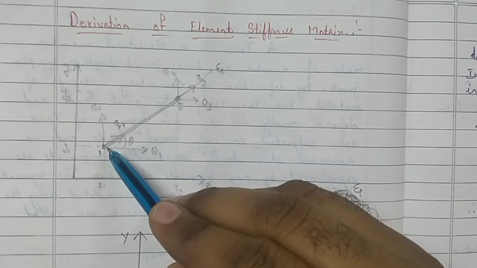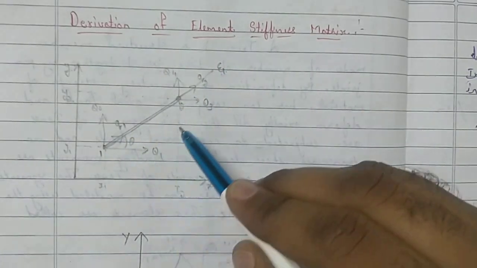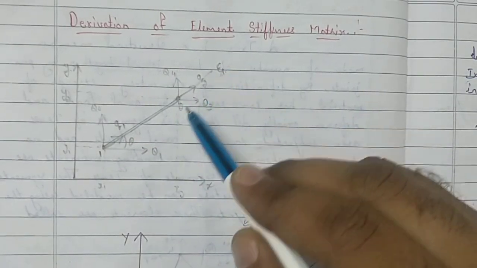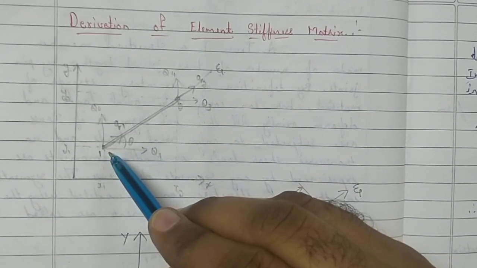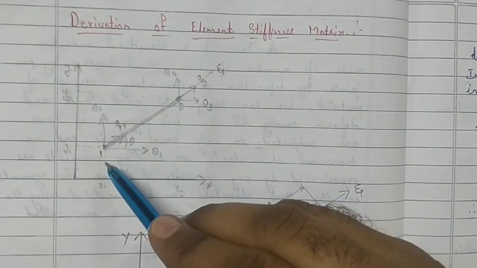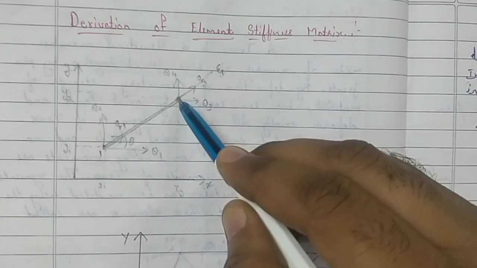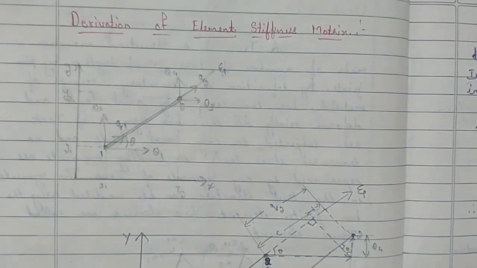It passes through the element. So here the local coordinate system is this zeta axis. In the zeta axis, the displacement at node 1 is q1, at node 2 is q2, in the local coordinate axis itself.